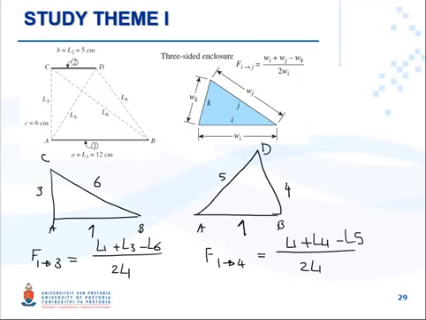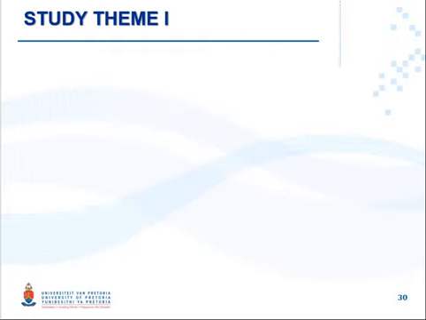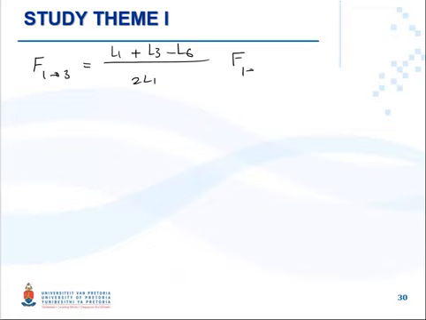Okay, so easily I found these two view factors. F13 is equal to L1 plus L3 minus L6 divided by 2L1. F14 is equal to L1 plus L4 minus L5 divided by 2L1.